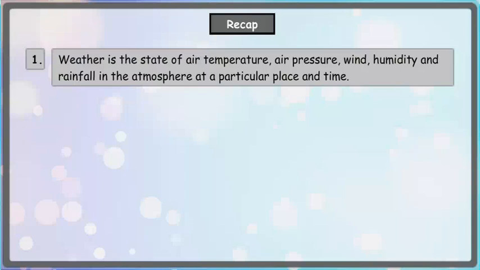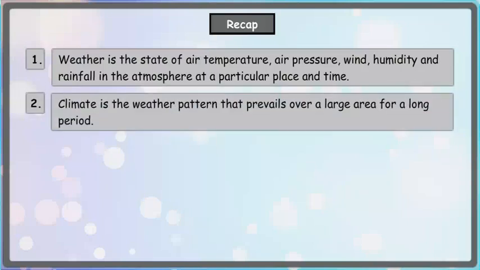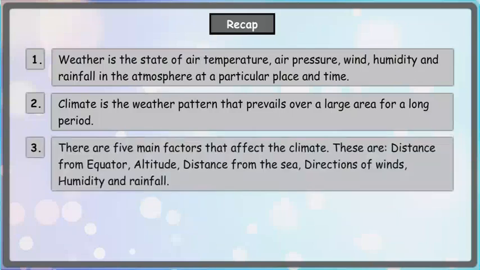Recap. Weather is the state of air temperature, air pressure, wind, humidity and rainfall in the atmosphere at a particular place and time. Climate is the weather pattern that prevails over a large area for a long period. There are 5 main factors that affect the climate.